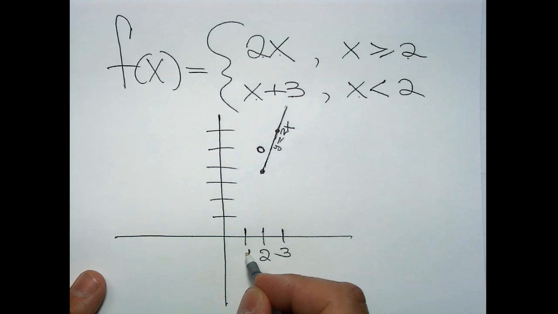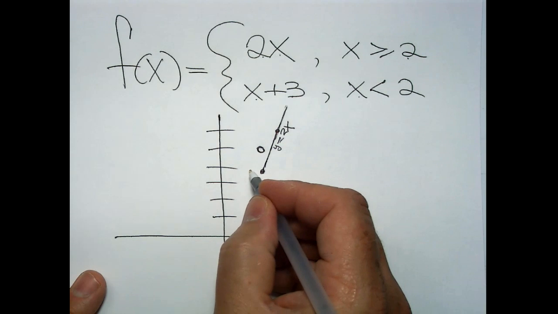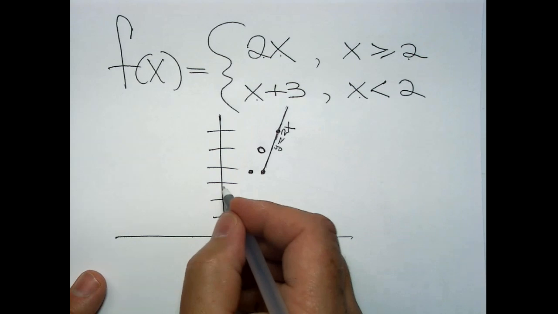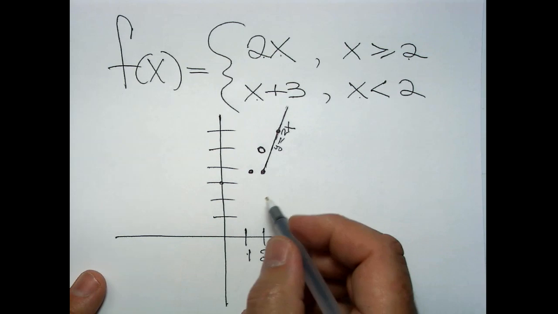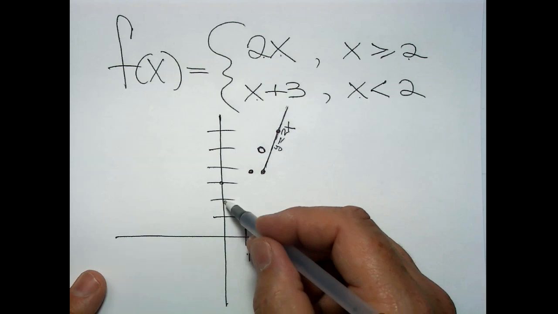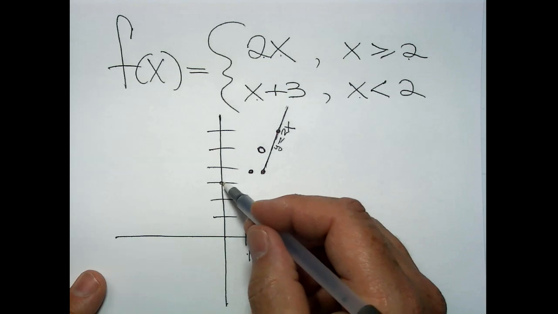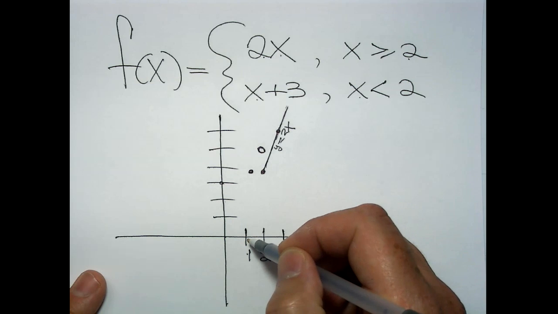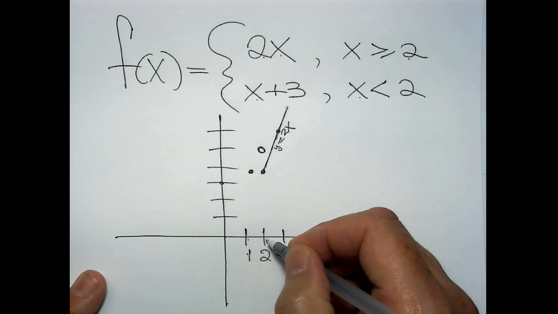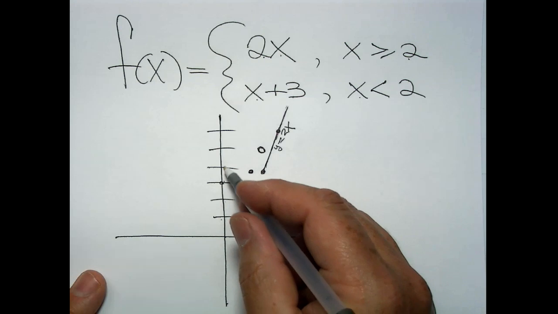But we go back to 1, and there should be a point there, and that point should be at 4, which lines up right here. And then go to the 0, and you get 0 plus 3, which is 3, which goes right here. So let's see here. That should have lined up. 1, 2, 3, 0 plus 3. 1 plus 3 is 4. That's good. And 2, 1, 2, 3, 4, 5.